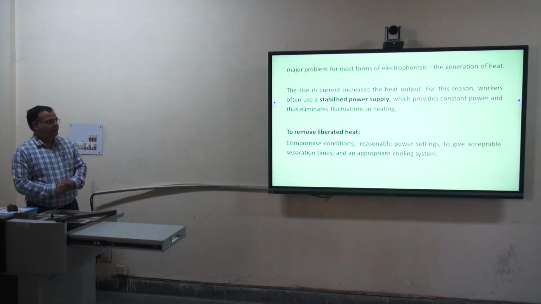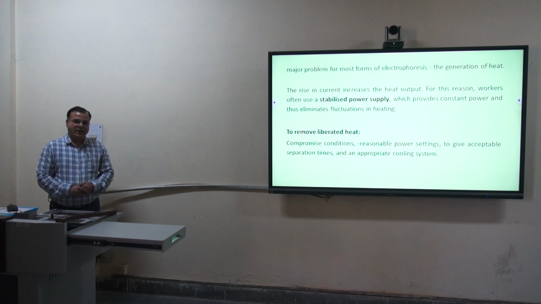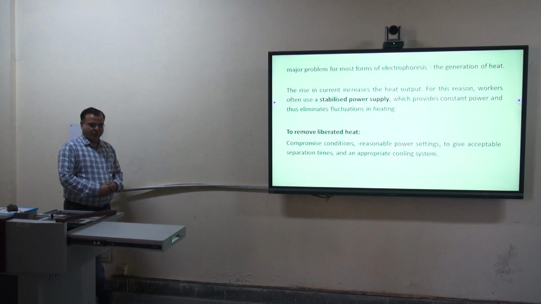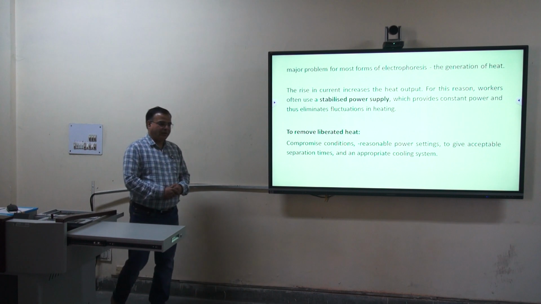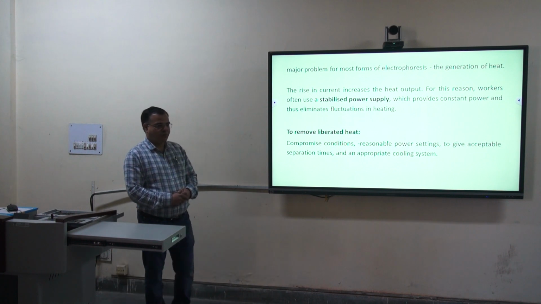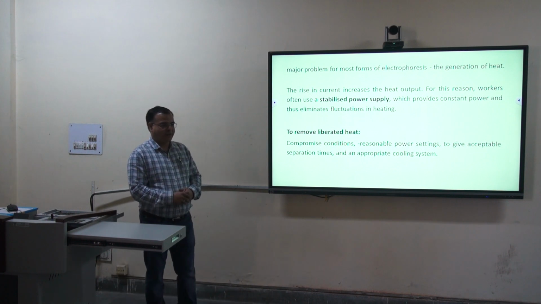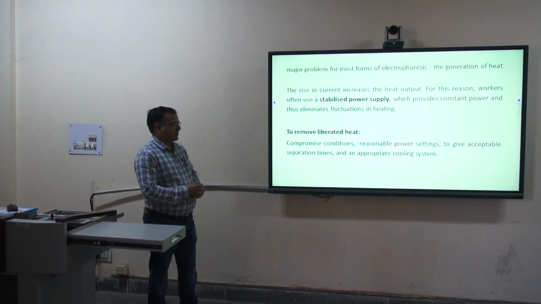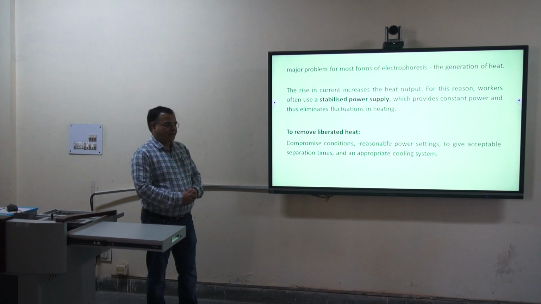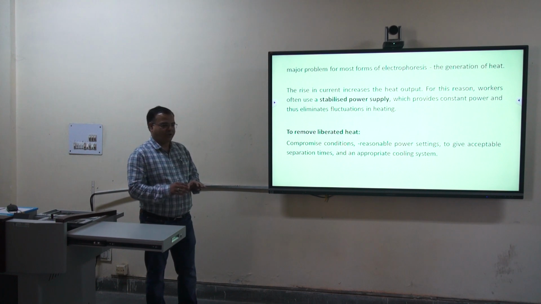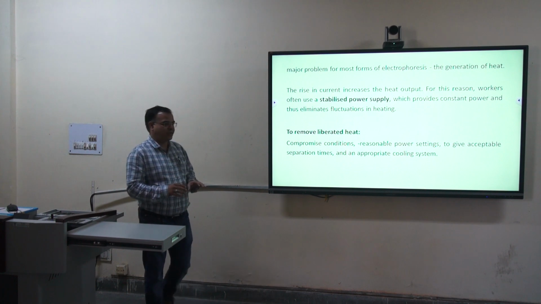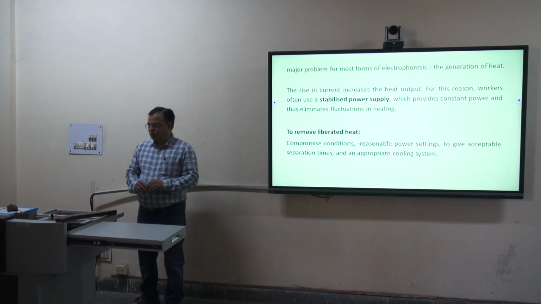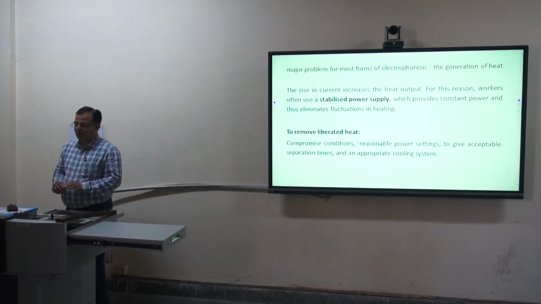So now coming to the problems of electrophoresis. When we run the electrophoresis, the molecules move according to their charge, and as we increase the electric current, the charged particle moves faster, and as the electric current is increased, there is some generation of heat in the gel. So there is a heating problem. We have to minimize this heating problem.